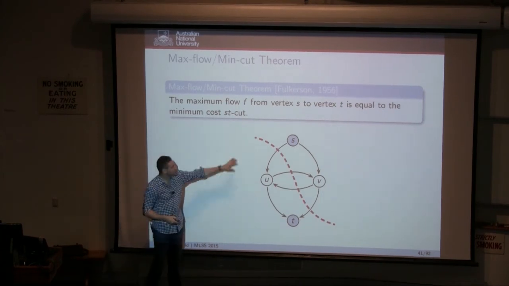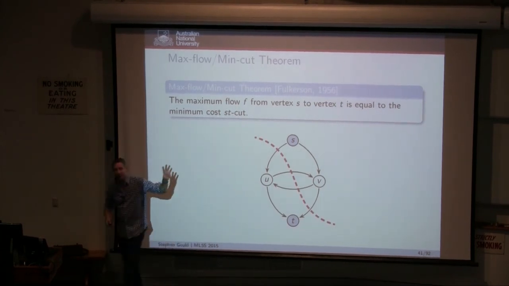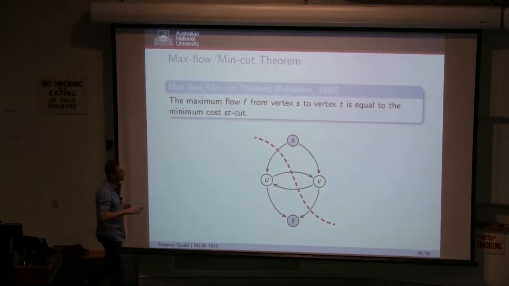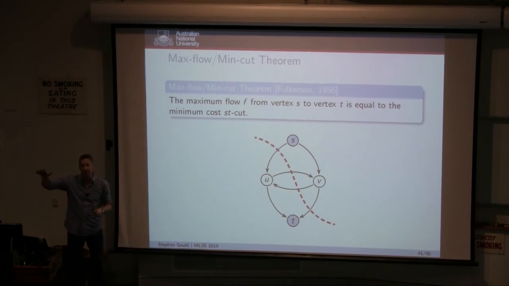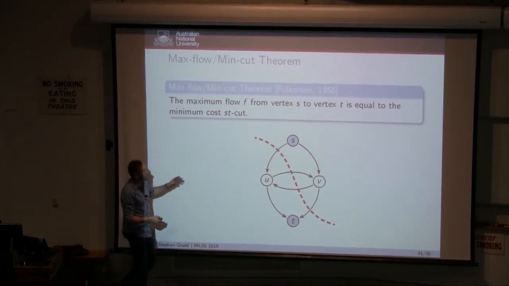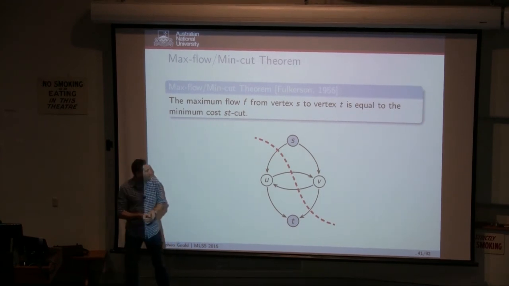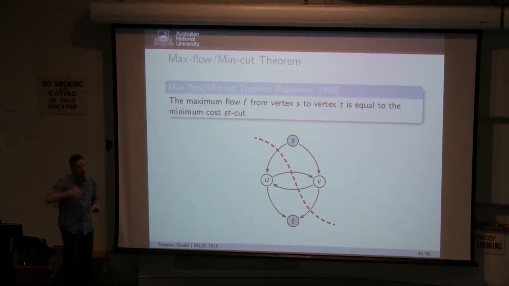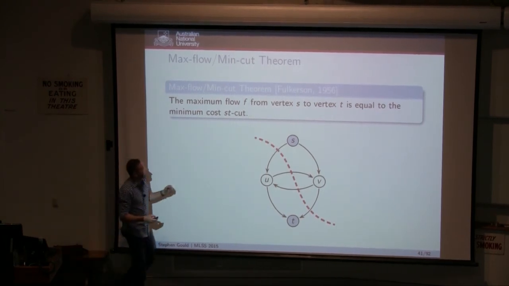So this theorem came up at a time when people were very worried about operations research and concerned about the Russians building missiles, and so the Americans had to build missiles as well, and they needed to understand things like transportation networks and networks that defined manufacture and so on, right?